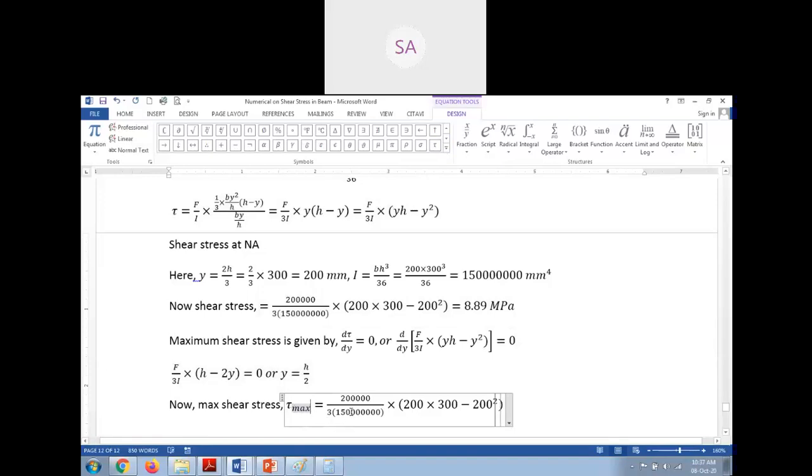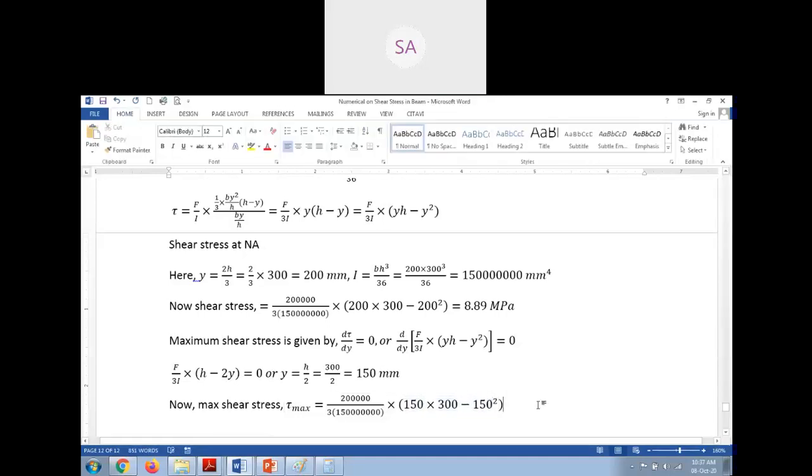Tau max is equal to, this remains the same, that is not changing, into yh. So y here will be h by 2. H is 300 by 2, which will be equal to 150 mm. So this is 150, and y square will also be 150.